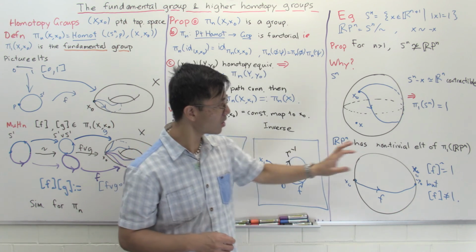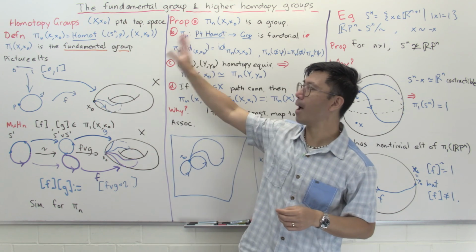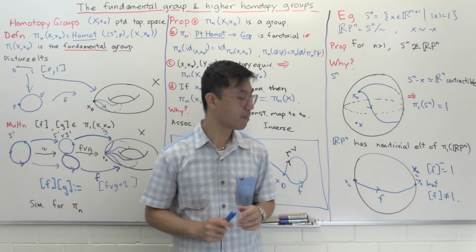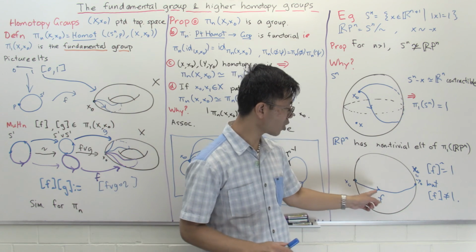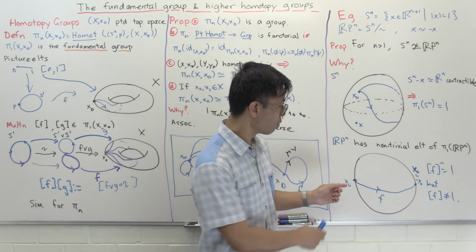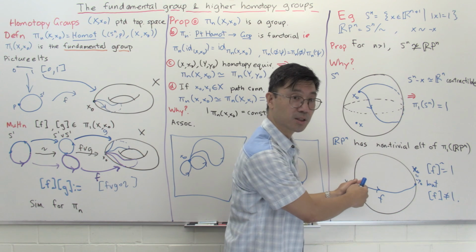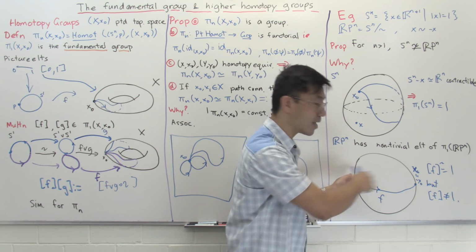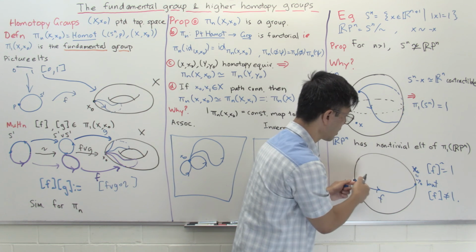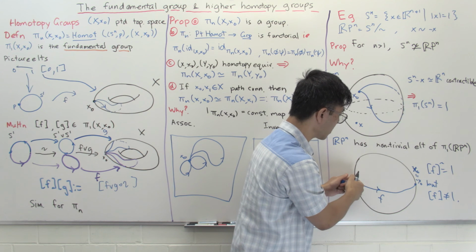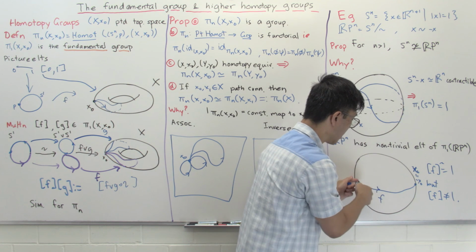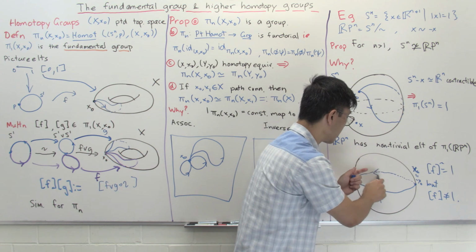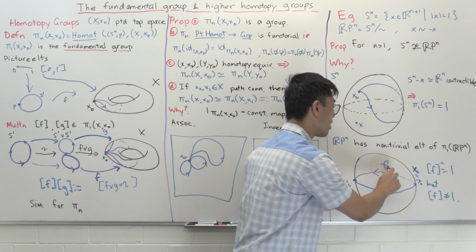Now, I want to tell you about some interesting things that happen with this group structure. I'm going to square this now. I'm going to concatenate this with itself. One way to do that is to look at this path, but this is the same as its negative. If we negate this path, we start, instead of here, at its negative, and then as you traverse along here, you traverse along the back side of the equator. So this is also f.